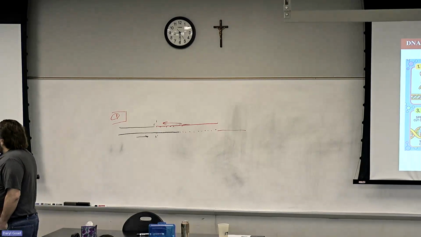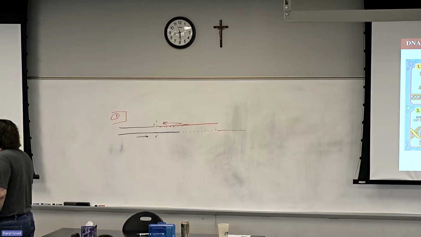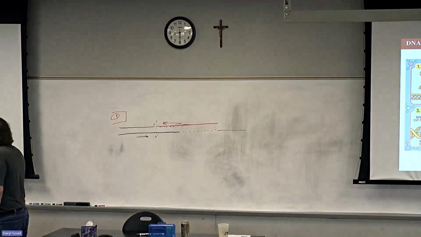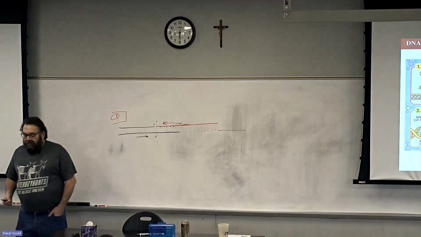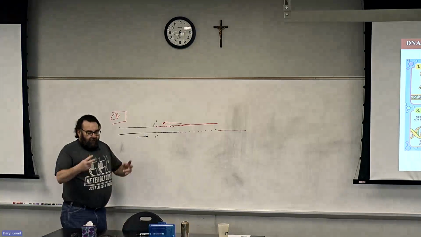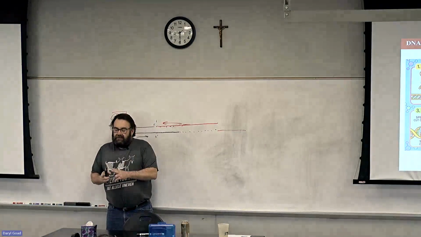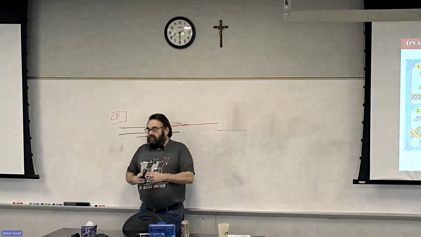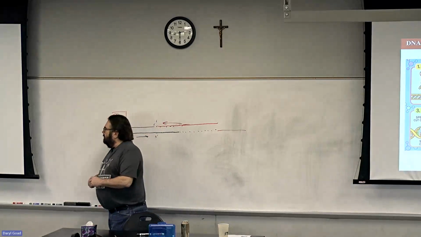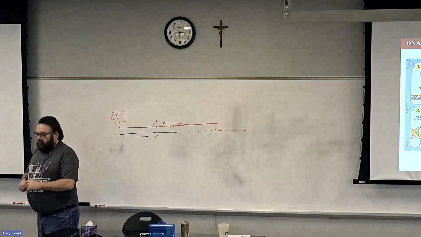And then we have to either excise the damage, this is base excision repair, and then synthesize new DNA and ligate it, or we have to take a double-stranded break and do either homologous end joining or non-homologous end joining. So we're going to talk about all of these different ways of DNA repair.